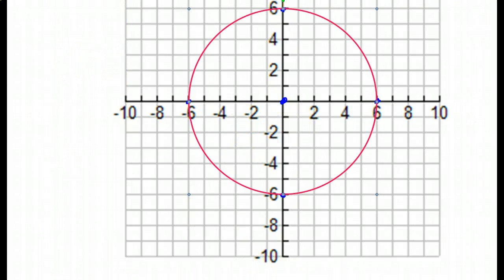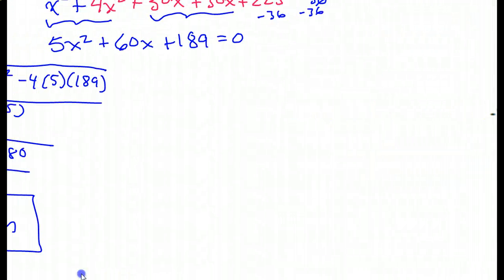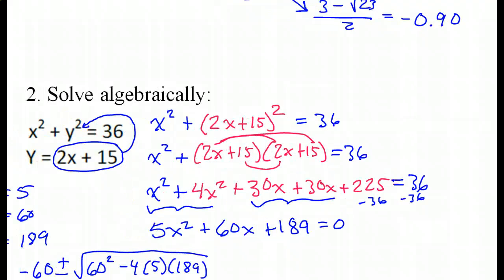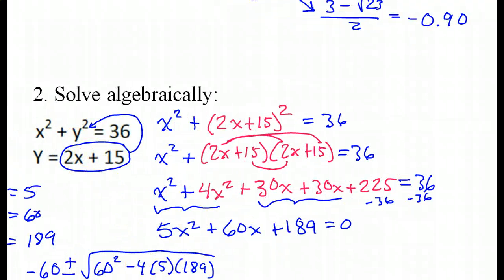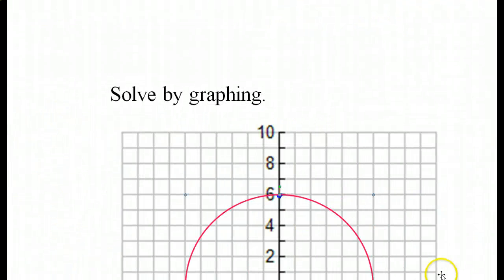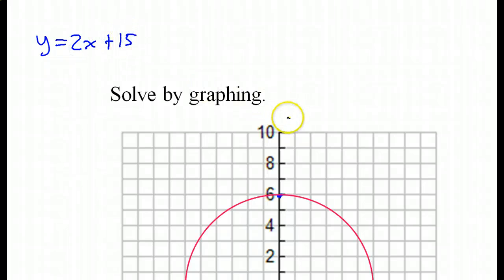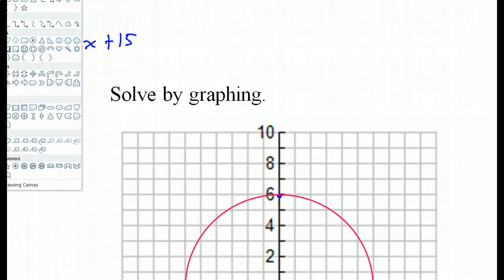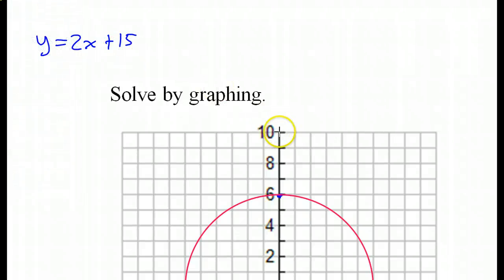All right, now let's draw our line. Now our line is, let's see, y equals 2x plus 15. That's pretty far off the grid. I have to do my best. Okay, it says y equals 2x plus 15. All right, so I'm just going to extend this line. Maybe I'll cheat and make it a little cleaner.